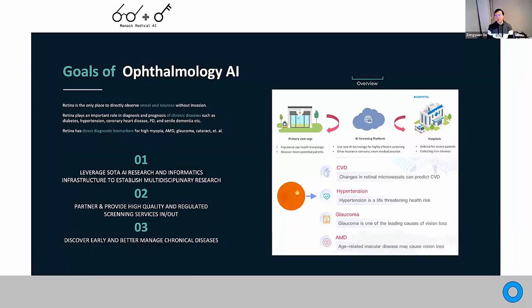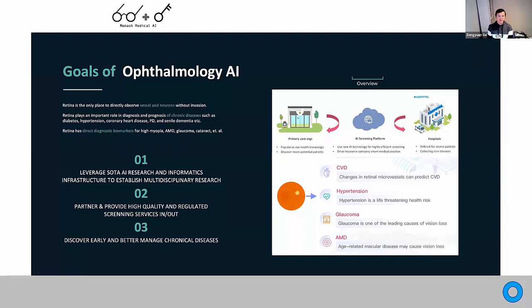If everything goes well, those can serve very well for remote regions, for primary care organizations, and inside hospitals if necessary. The first part is that we also break this into 3 milestones, 3 levels of goals. First is to leverage AI research and informatics, exactly as in any other medical AI project.